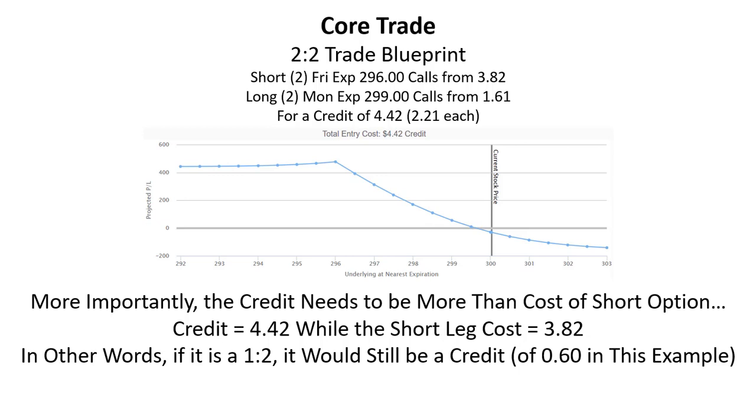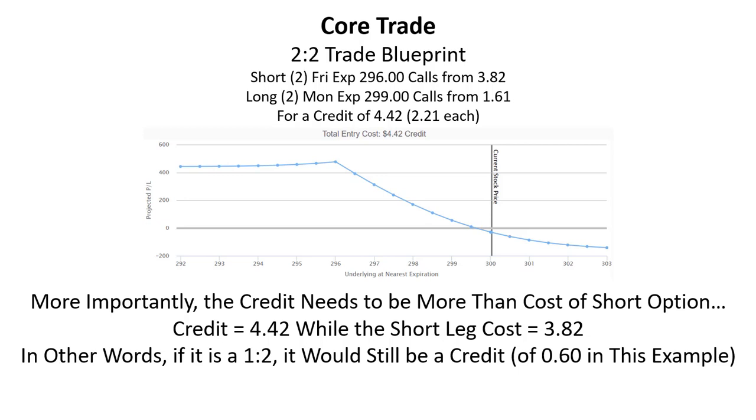So in other words, if I were to just place on this as a 1-2, one quick, very quick way of being able to tell whether that's the case or not. If I were to put this on as a 1-2, one short against two longs, it would still be a credit of 60 in this example. If I put on that 1-2 trade and it's a debit, then I already know I can't place a 2-2.